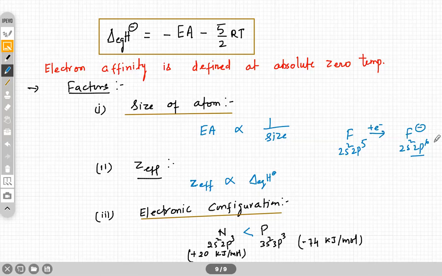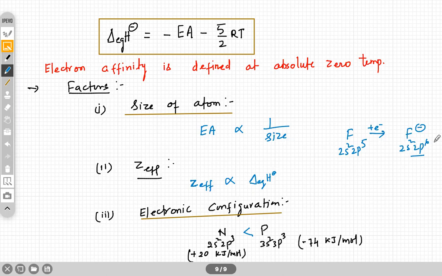Write down this point. Halogens have a high tendency to accept an electron and form halide ions.